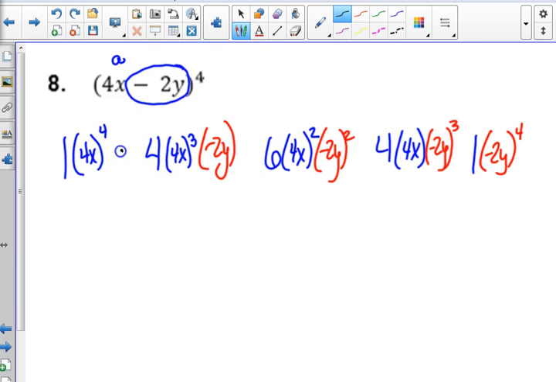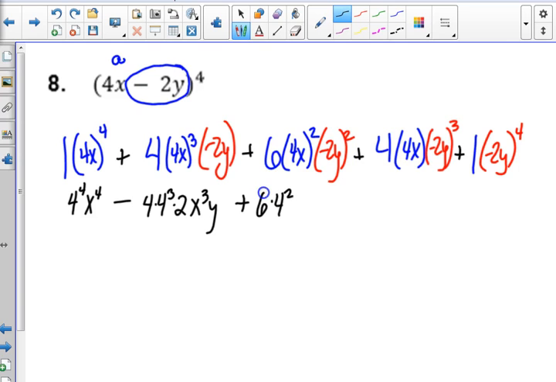I'm going to put plus, but in the end, they're going to be every other one minus when we do that negative 2. This negative 2, when I square it, will become positive, so I wrote a plus out there.